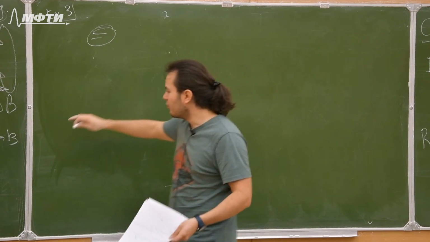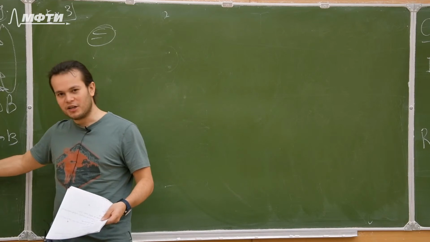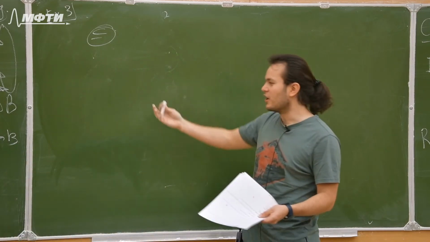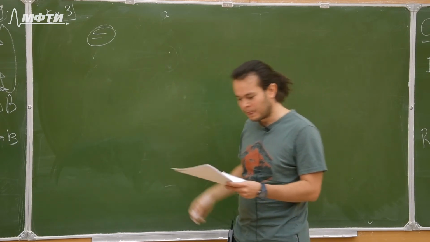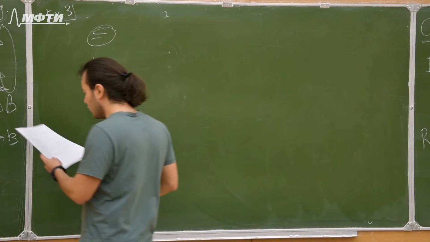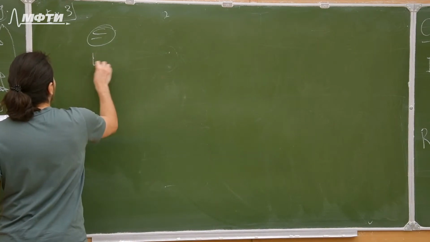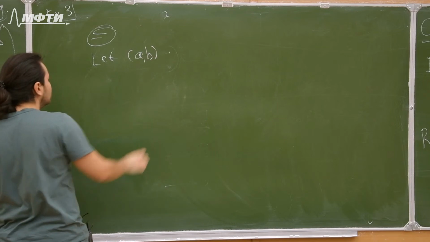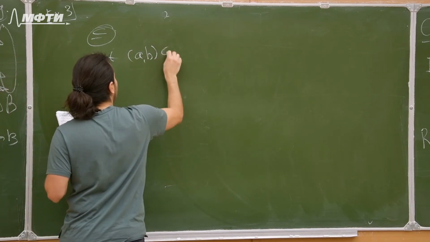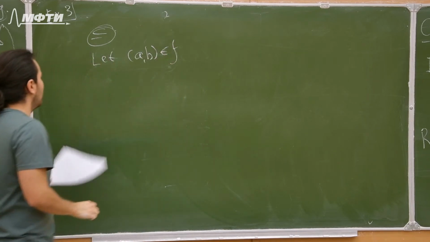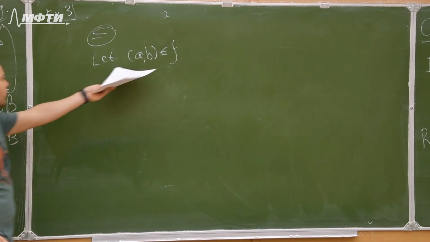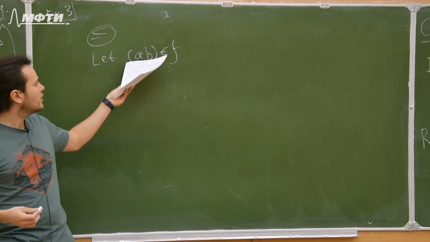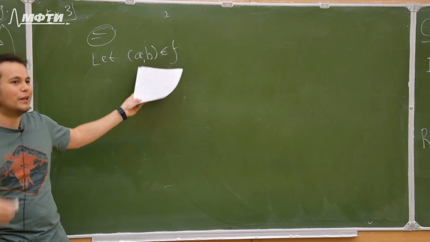So we have to prove that this set that we call a function f is a subset of another set that we call a function g. So let the ordered pair (a, b) be an element of f. Now we have to show that this ordered pair (a, b) belongs to g as well.